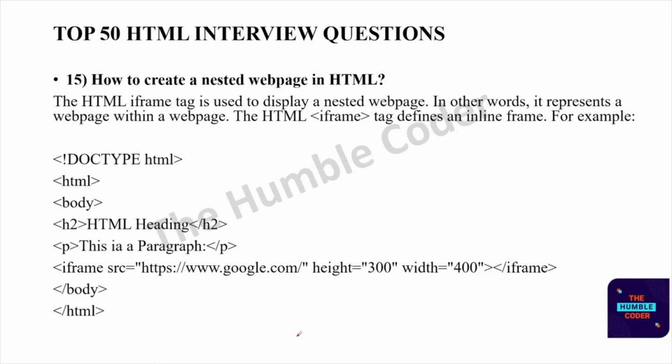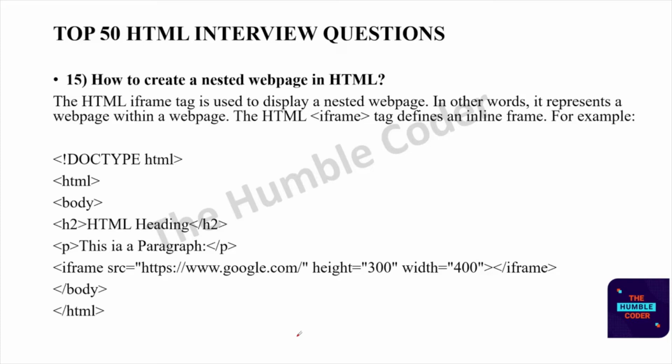How to create a nested web page in HTML? The HTML iframe tag is used to display a nested web page. In other words, it represents a web page within a web page. The HTML iframe tag defines an inline frame. For example, you can see the boilerplate of the HTML, which is doctype HTML, then the HTML tag opening and closing, and in between that we have the body of the HTML.